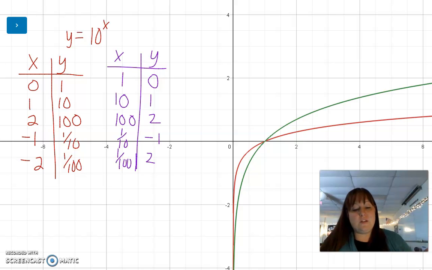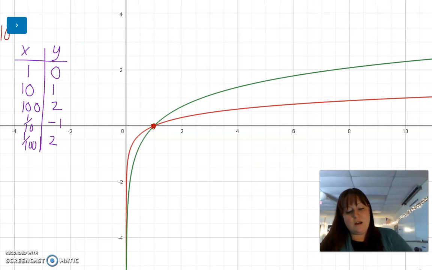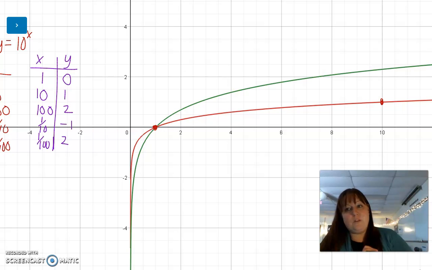So we can look at this graph and see if that follows the pattern. Okay, when I put in 1, I get out 0. Well, that makes the most sense, right? And then when I put in 10, which is way over here, I get out 1. Yep, that works there.